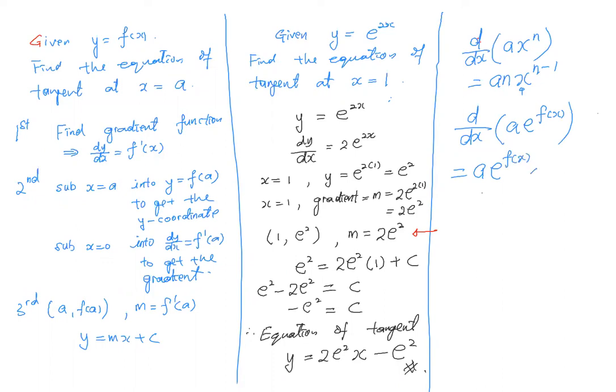Then time by differentiate of this. So that's why my y equal to 2e to the power of 2x. I will write down, copy down the whole thing. Time by the derivative of this one is 2. Done. That's why I put the 2 in front.